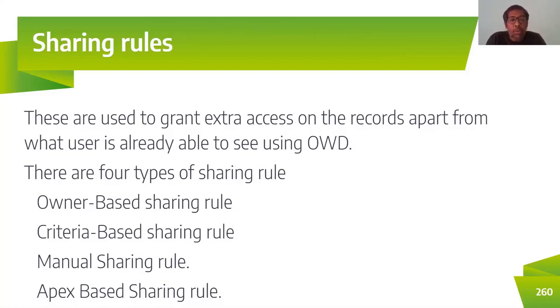Now, coming to sharing rules, there are 4 types: owner-based sharing rule, criteria-based sharing rule, manual sharing rule, and Apex-based sharing rule. Apex-based sharing rule we are not going to discuss now, because Apex is a programmatic concept, so it will be dealt with in PD1.